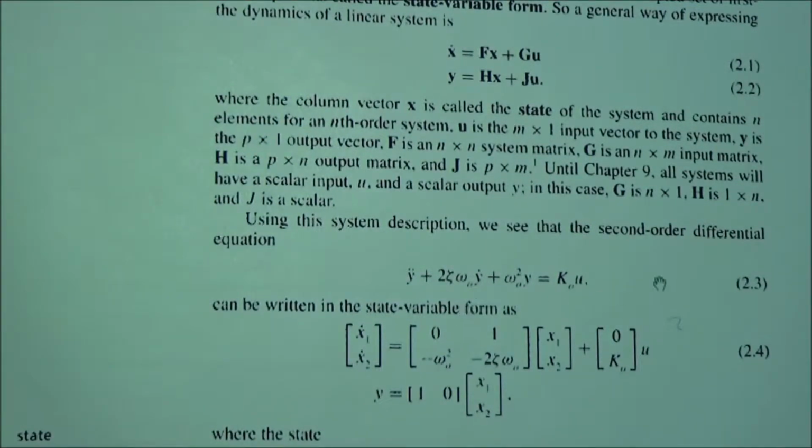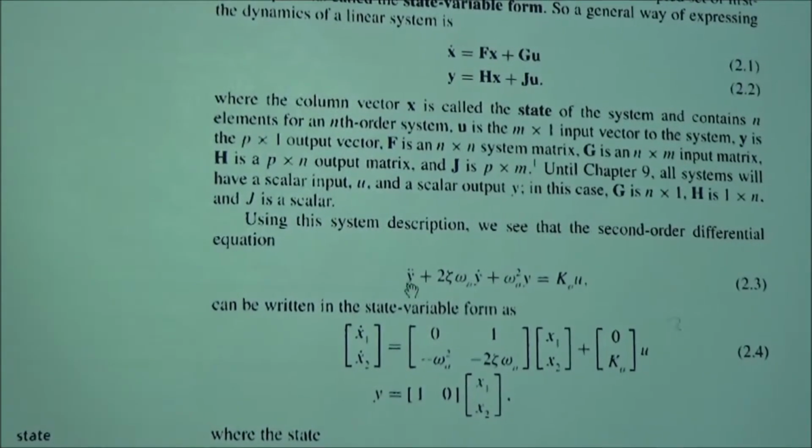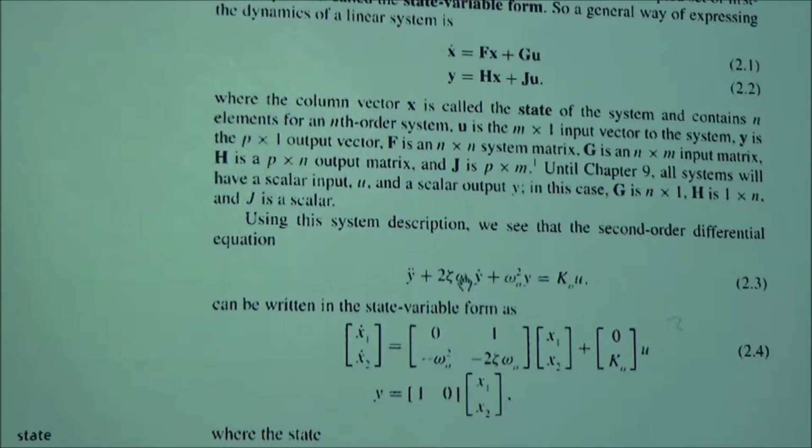Here's a second order differential equation, represented by y double dot plus 2 zeta omega n y dot plus omega n squared y equals k0 u. This is a typical model for a second order system, which has natural frequency omega n and damping ratio zeta.